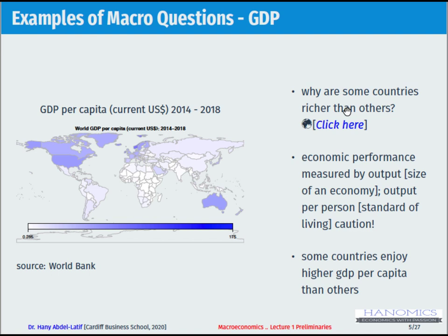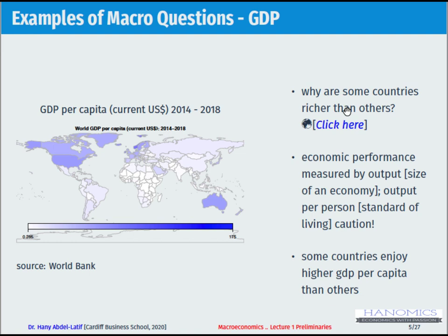And that's what we study here in macroeconomics. Again, we want to understand this. We want to understand how countries grow, how the economy can grow. What are the determinants or the factors that can help a country to grow?